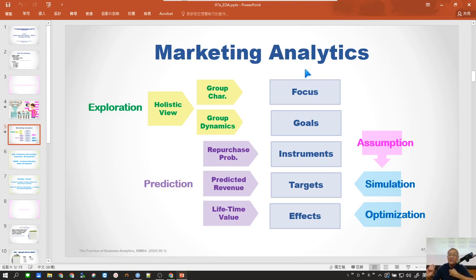Now, strategy is nothing but choice, right? What do we mean by strategy? It means our choice. What is your marketing strategy?